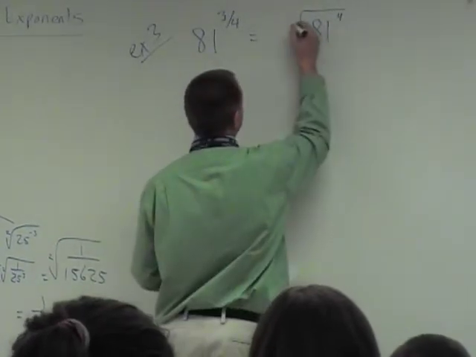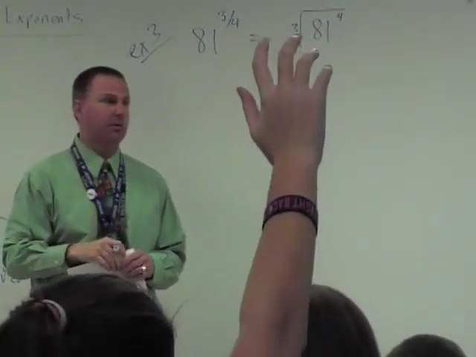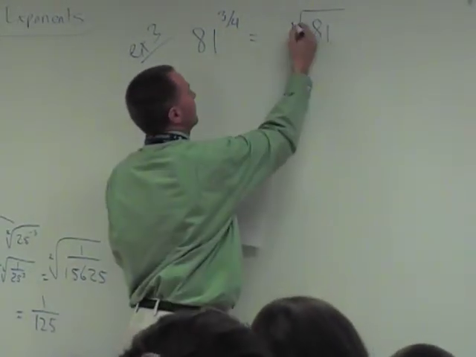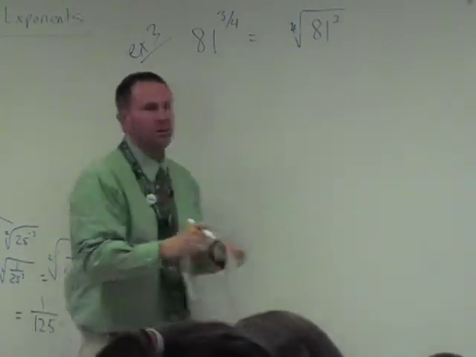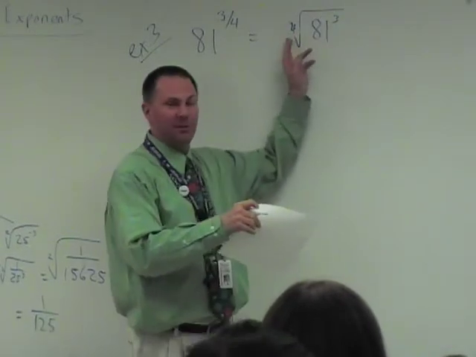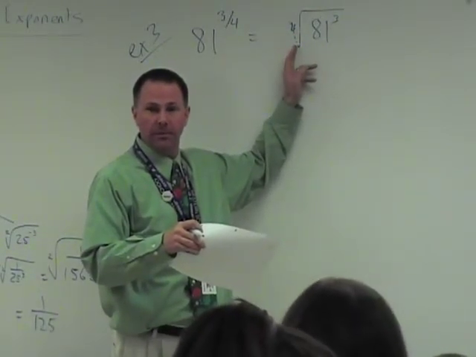Left. Alright, so there, it's not a square root sign anymore. The outside should be 3. Matt, make sure you have this in front of you. The top number goes on as the exponent, and the bottom number is always what goes on the radical. Okay?